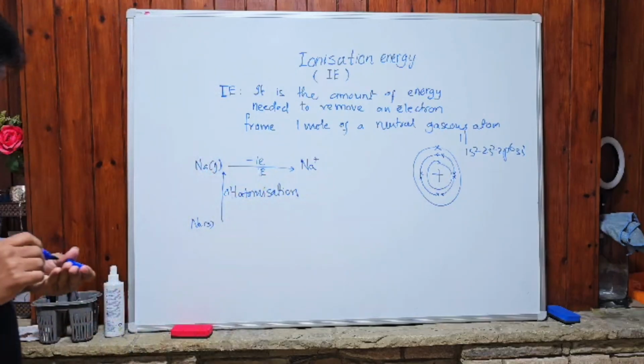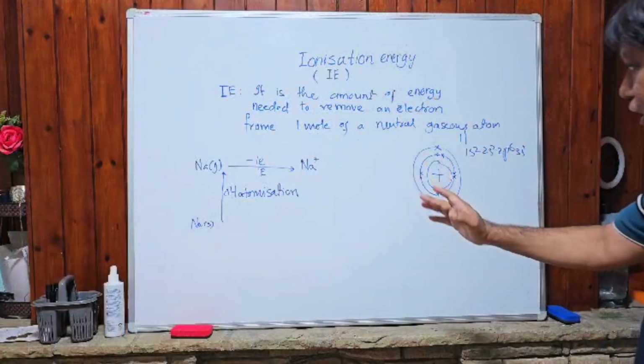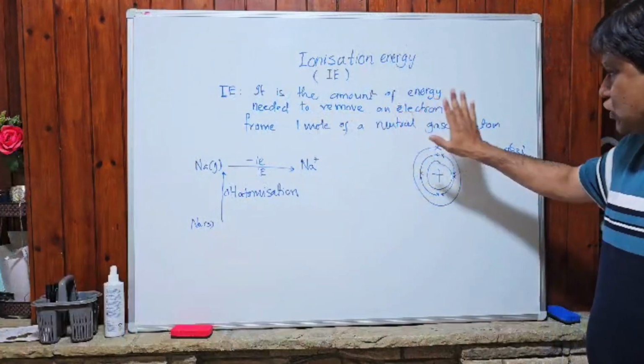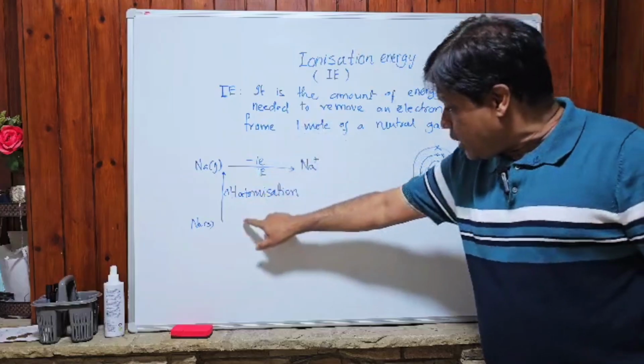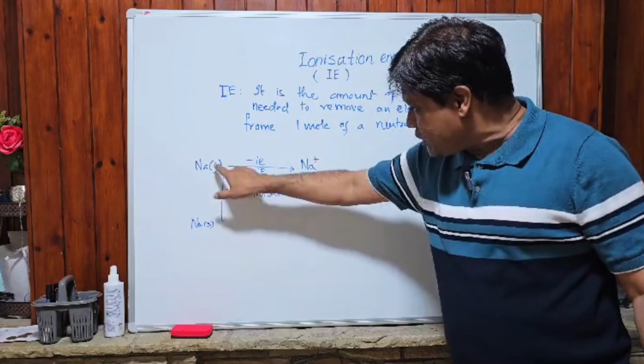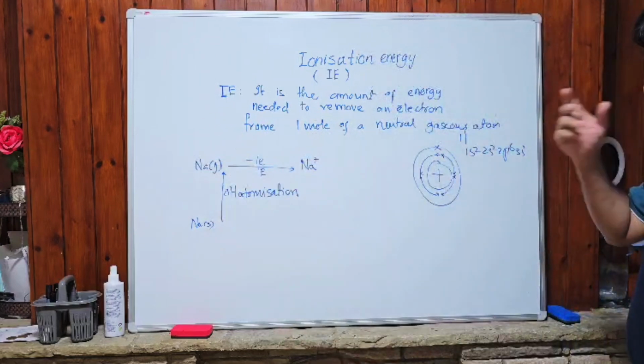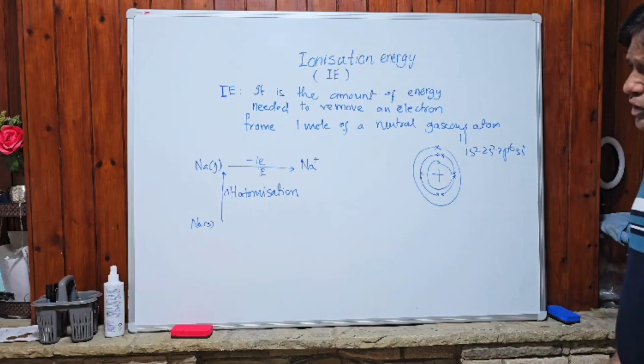So ionization energy is a type of energy needed or required to remove an electron from 1 mole of a neutral gaseous atom. From here to here, solid to gas form, is sublimation energy or enthalpy of atomization.